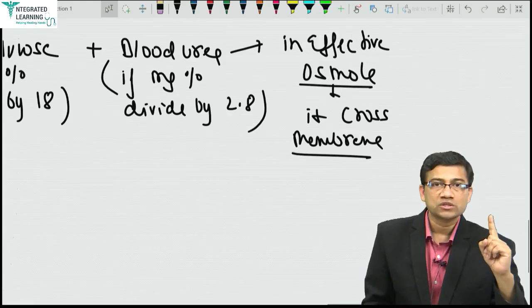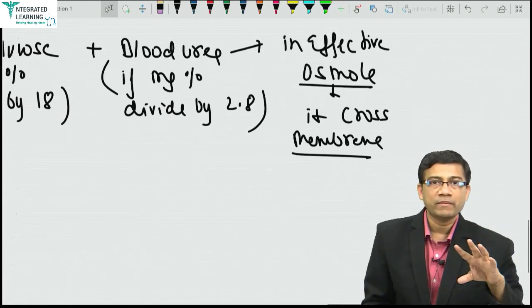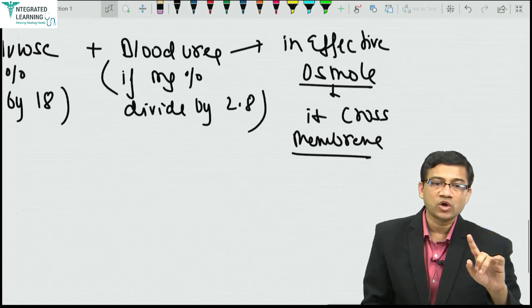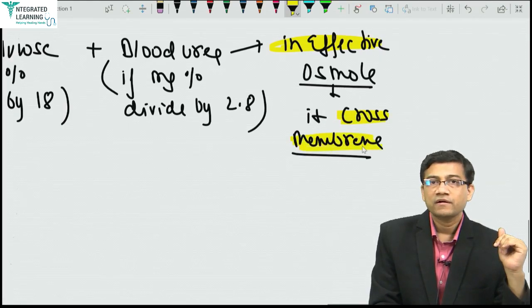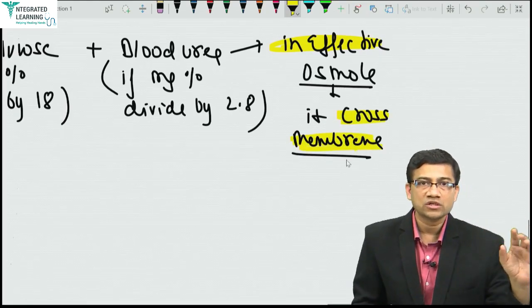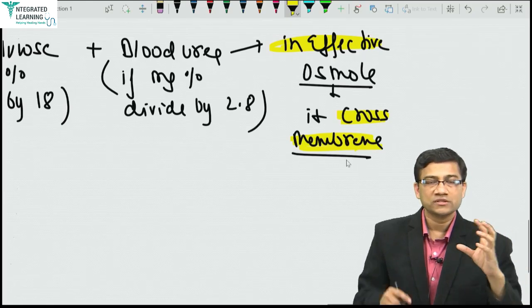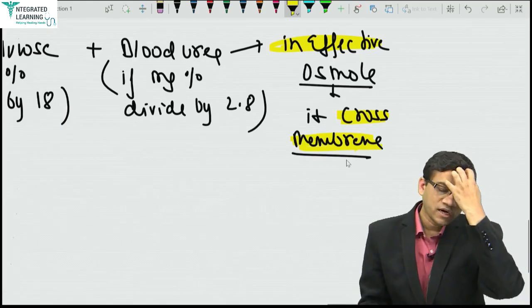Only water should cross the semipermeable membrane, not the solutes. If something crosses, it is ineffective. Clear? So cross membrane, ineffective. What never crosses? Sodium, glucose. They stay on one side and cause an osmotic effect.